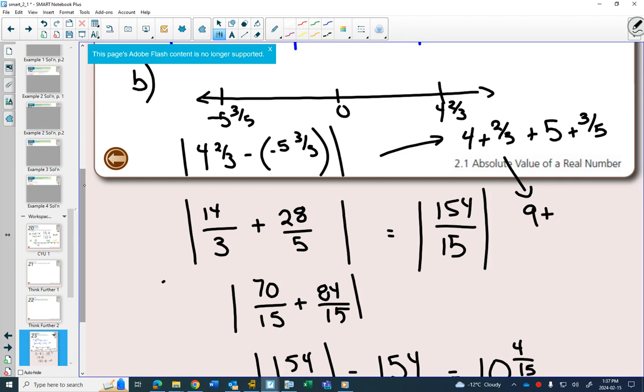It's going to be 9 plus, common denominator here is now a lot smaller numbers, right? I'm going to have 2/3 is 10/15. 3/5 is 9/15. That's going to be 9 plus 19/15, which is another 1 and 4/15. Mental math there might be a little bit easier.